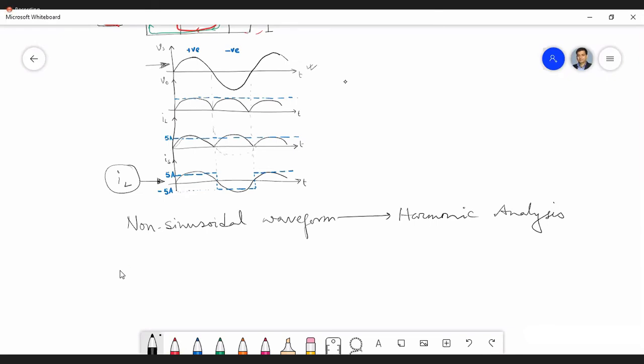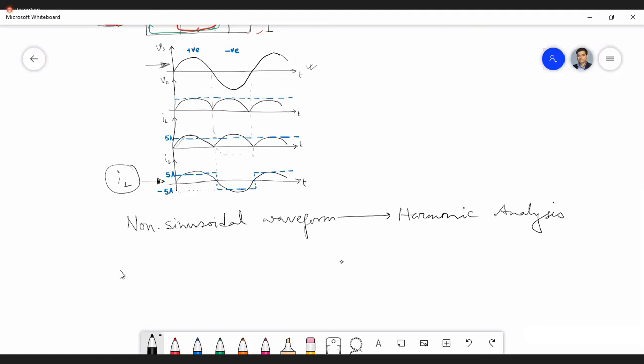You will not get all the frequencies in the case of Fourier series. You may get that in the case of Fourier transform. But for Fourier series, you will get only discrete frequencies, and these will be integer multiples of the original frequency. Clear?